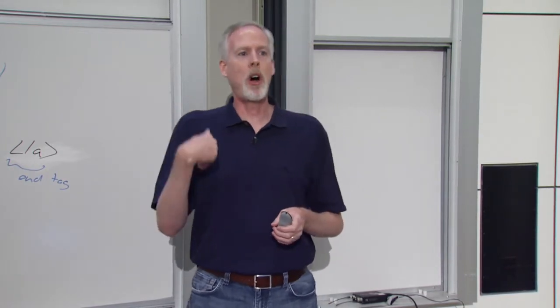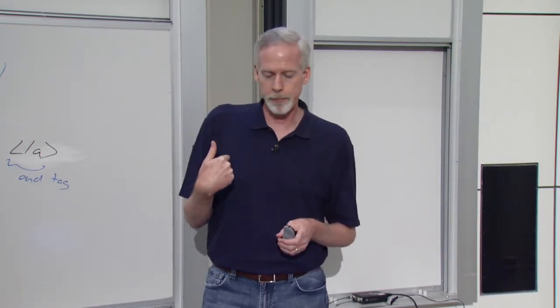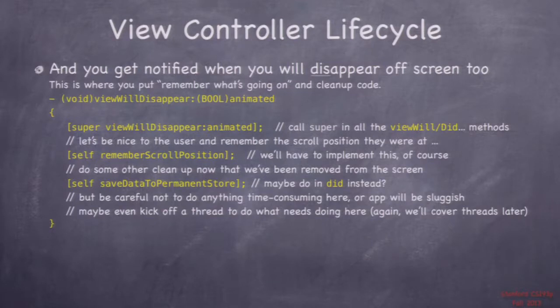You also get notified when your view goes off screen. So that's willDisappear. And what do you want to do in here? You don't usually do a lot of stuff in here. If you're doing something like animation, obviously this would be a good place to stop doing that, because when willDisappear has happened, really you want your view controller to become a good citizen. Stop using resources.